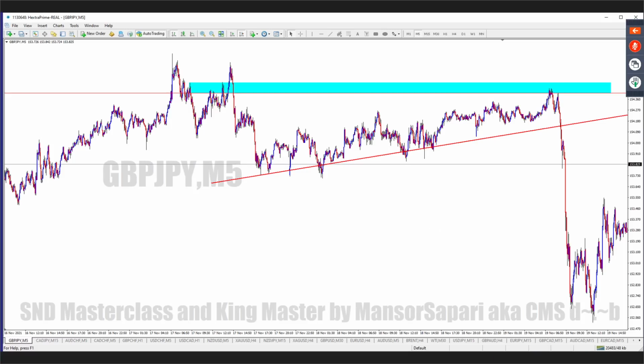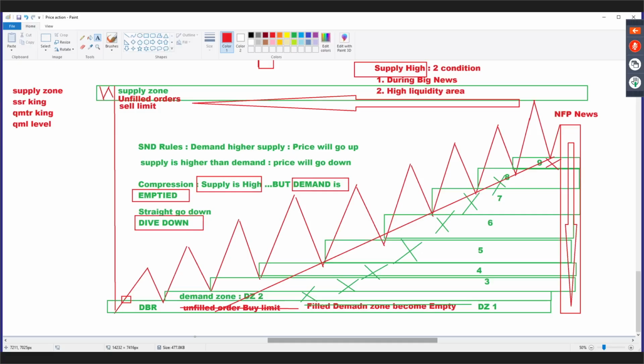If okay, then I go to our last part today, which is the CPLQ. Previously, we learned about compression during big news, because we want to make sure that the formula of compression is fulfilled.